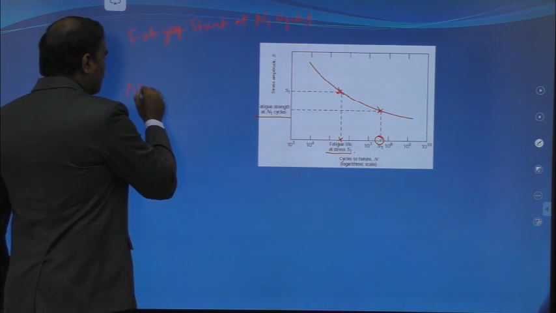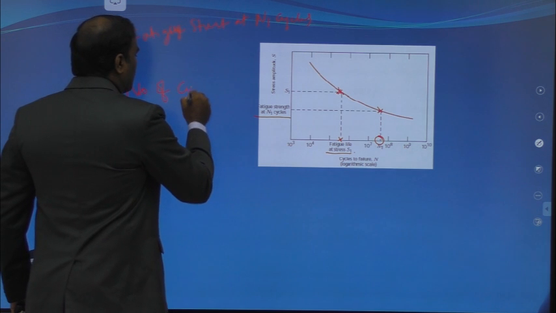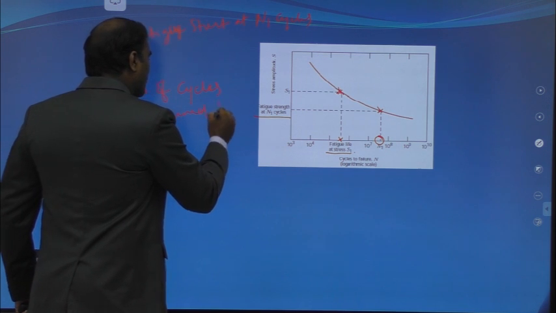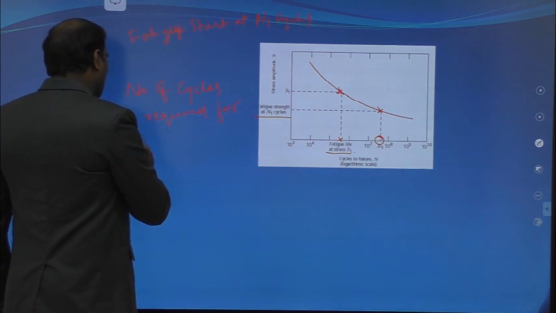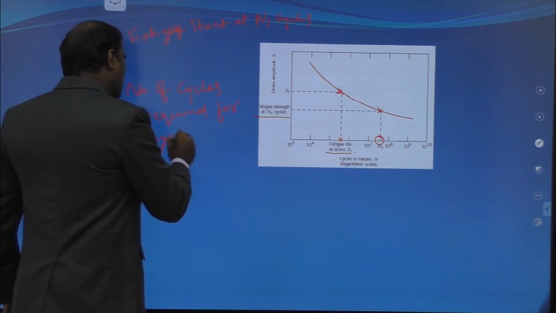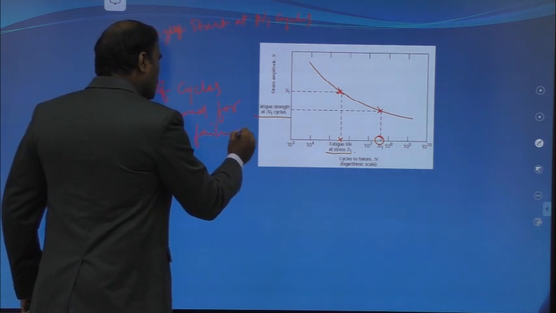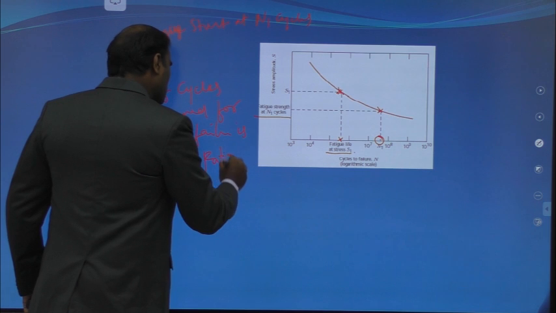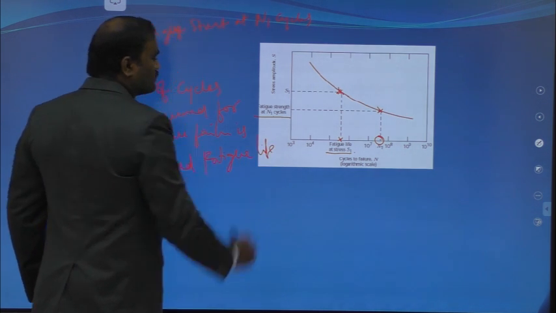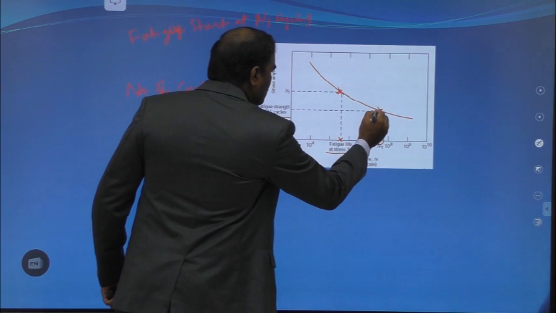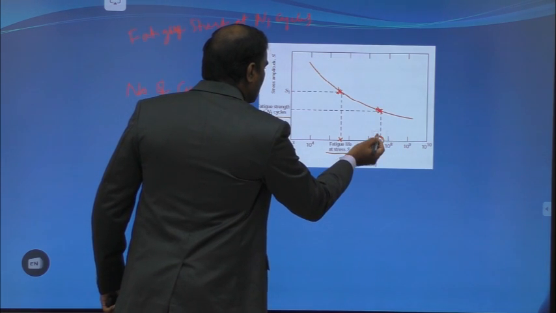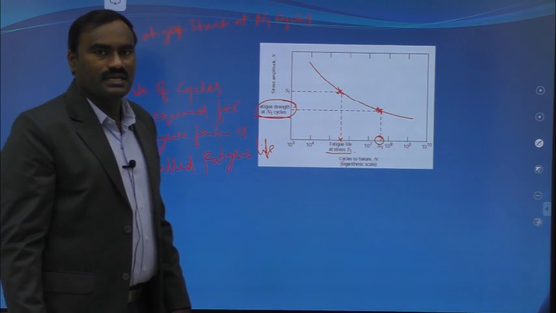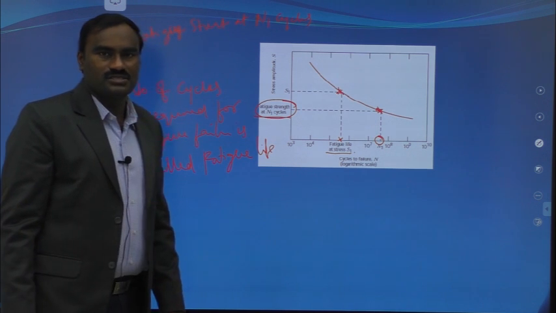The number of cycles required for fatigue failure is called fatigue life. Similarly, if we keep N1 constant and measure the stress at which fatigue failure occurs, it is called fatigue strength.